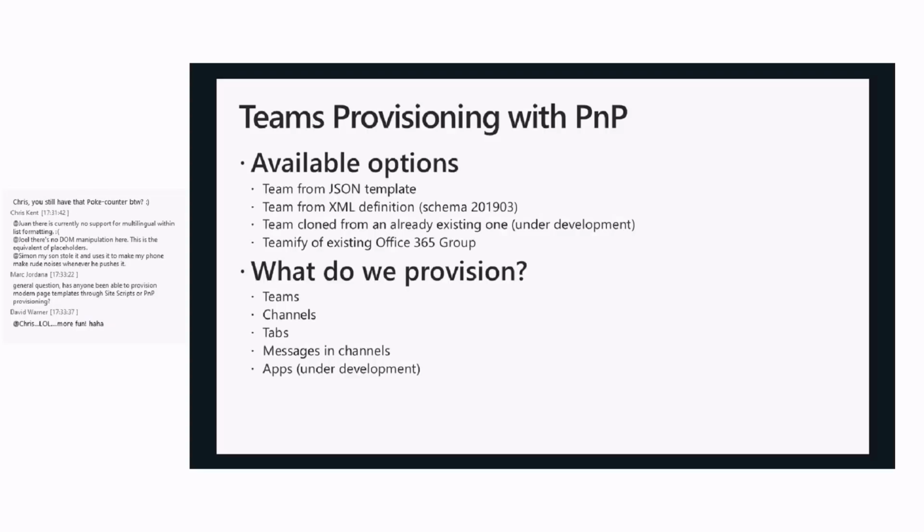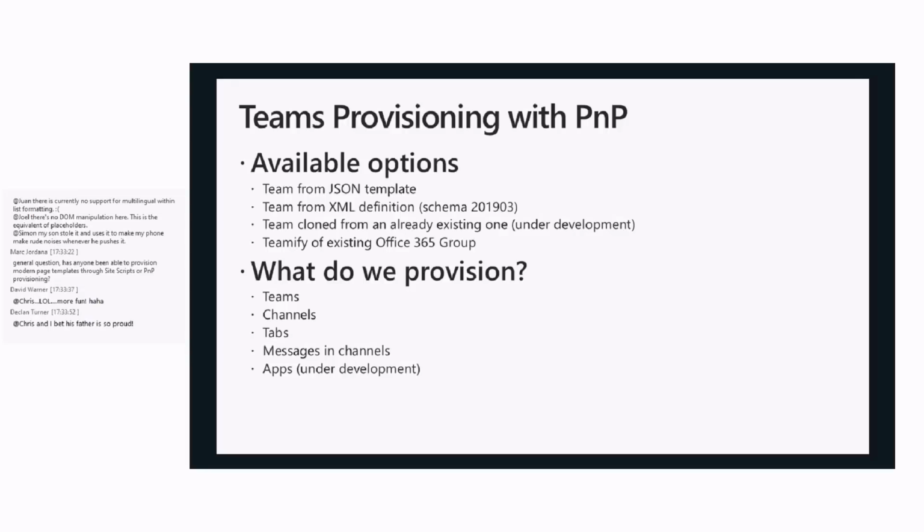As Vesa said, yes, we have the JSON template available and the Graph API to create a team based on a JSON template. Why would someone want to have the same functionality through the PnP provisioning engine? Well, because using the provisioning engine, you can provision not only a team, but a whole set of assets and resources.